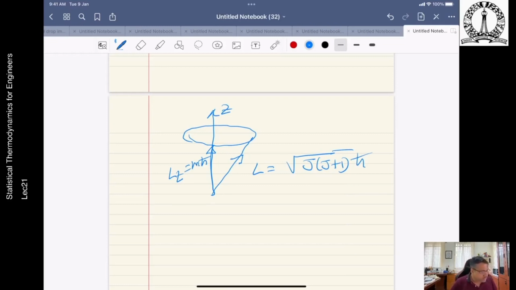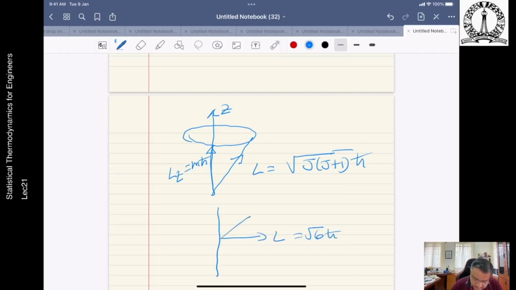Let's do probably a problem to validate some of this. This is how the quantization occurs along the z-axis, the z component of the angular momentum. If you look at figure 6.2 from the book, you would get a much fairer idea. So L equal to root 6 h bar.